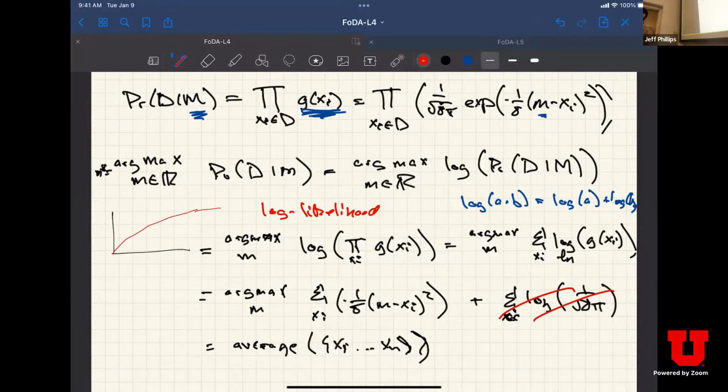It's always increasing. The key thing is, as the x value, which is the probability of the data given the model, increases, this value, the log of that, also increases.